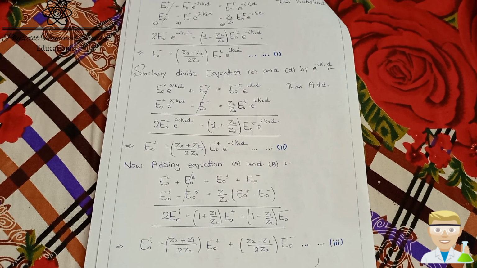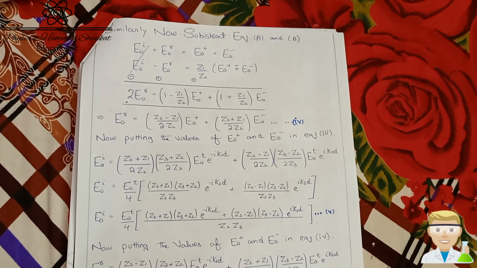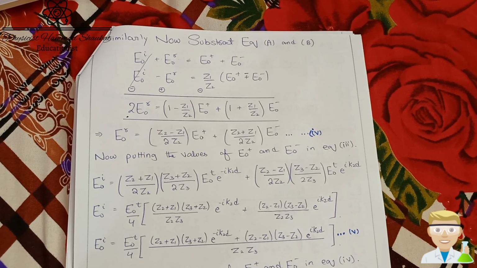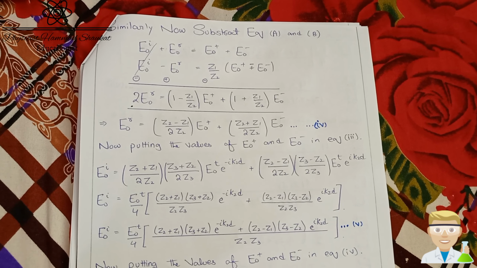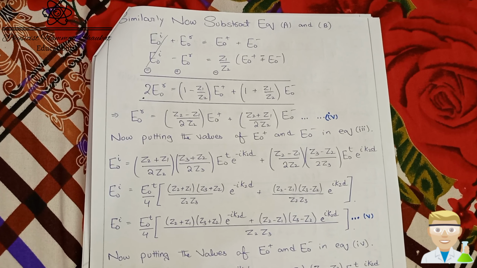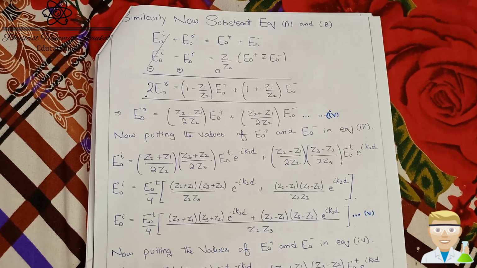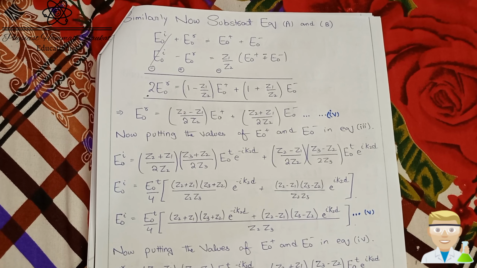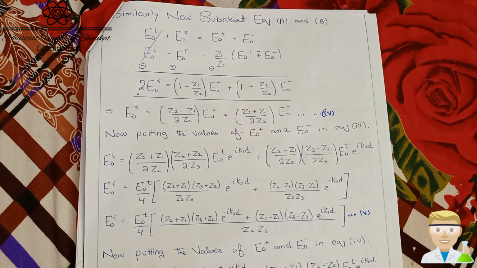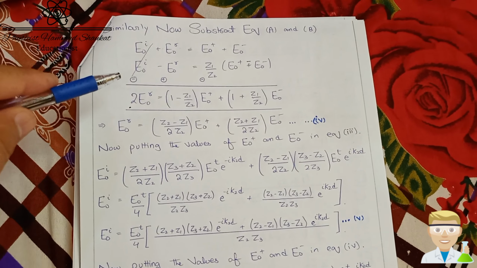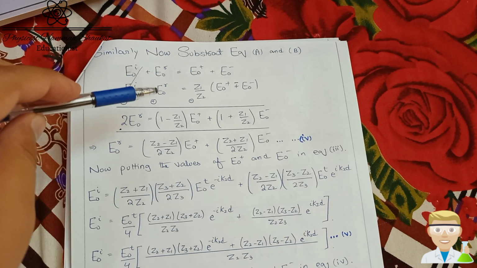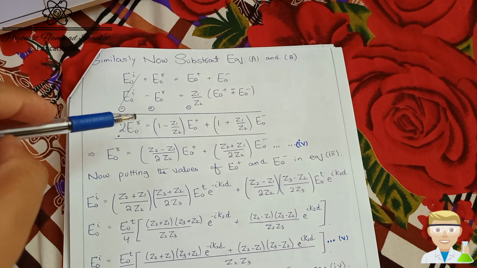Okay, now let's move further. We already found our incident electric field relation in terms of e naught plus and e naught minus. Just leave that equation for now, and let's now subtract our equations A and B. Before, we only added our equations A and B and found e naught I. Now let's subtract our equations A and B. After subtracting, your incident term got cancelled, and e naught r plus e naught r becomes 2 e naught r.